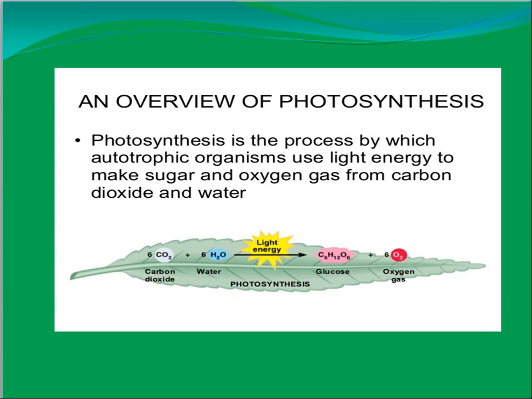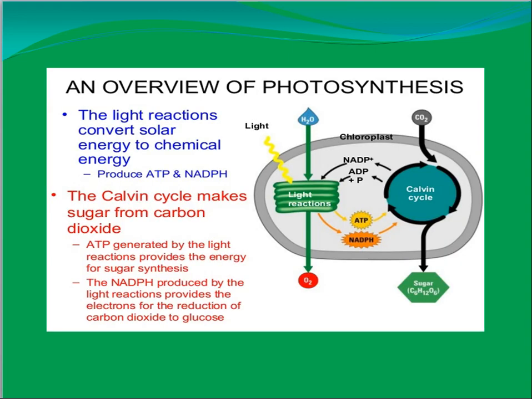In the picture, this is shown the process of photosynthesis. You can see the leaf, and the side of this carbon dioxide plus water with the light energy we can get glucose and the oxygen gas. An overview of photosynthesis: the light reaction converts solar energy to chemical energy and produces ATP and NADPH.